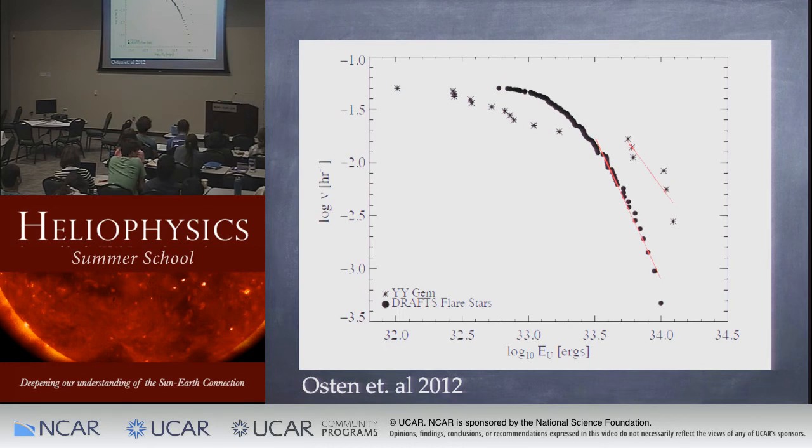So this is the last plot I will show. This is from Rachel Osten's paper from 2012. One of the things that is still not clear, and people are still working very hard to construct some kind of integrated information like that, is we would like to have the frequency of flaring as a function of stellar type in general.